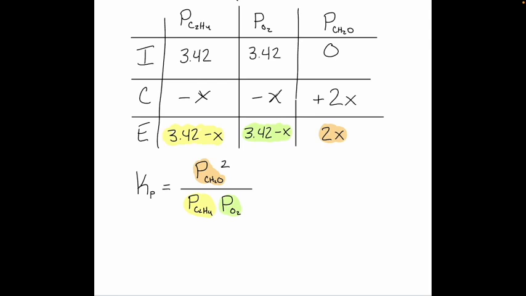So plugging everything in, 2x squared over, all right, 3.42 minus x times 3.42 minus x, right? I can condense this to 3.42 minus x squared.